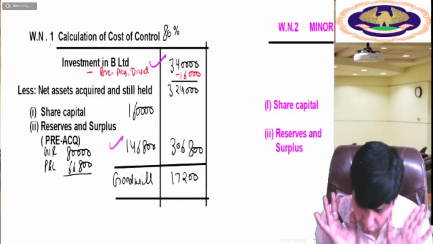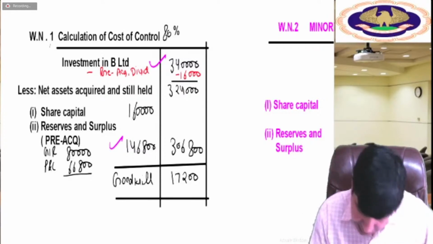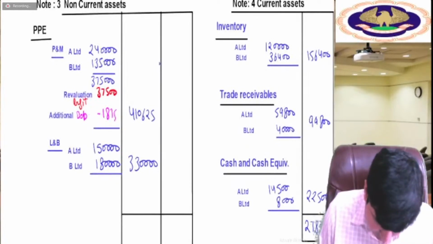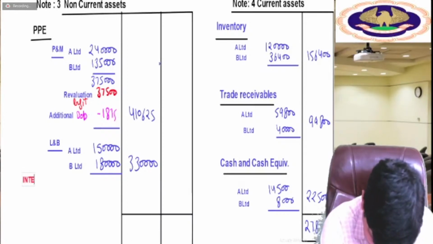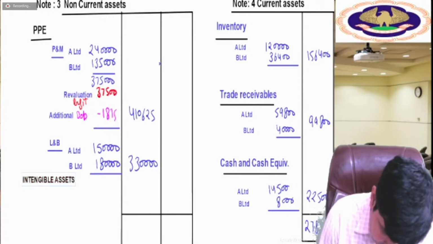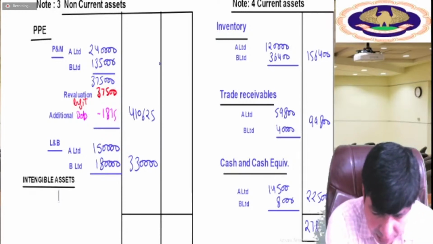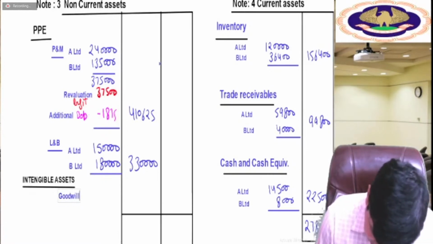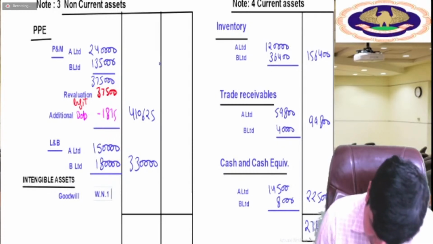So please post this goodwill to the balance sheet. In the non-current assets, intangible assets is there. There you have to mention goodwill and give a working note reference in the exam.